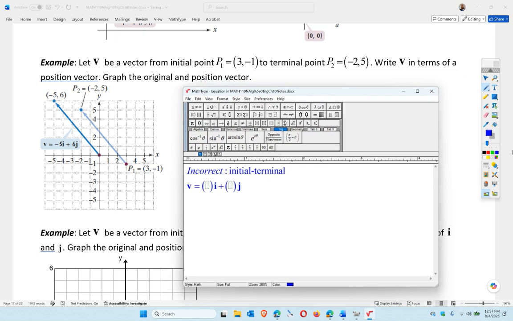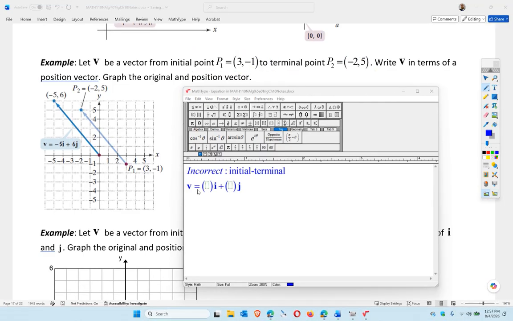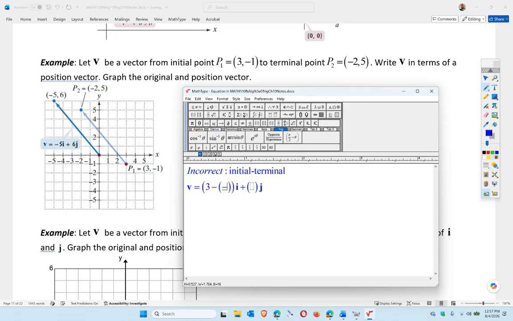So the initial point is this one here, and this is the terminal point. If I do it incorrectly, this would be 3 minus -2, and then -1 minus 5.